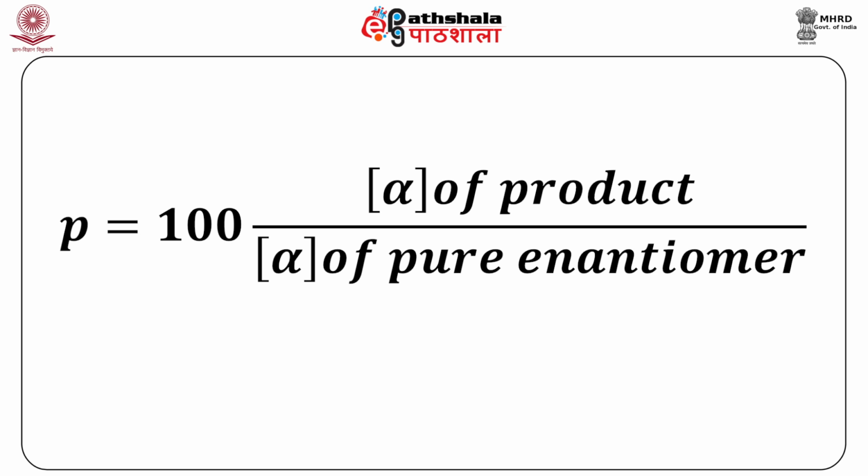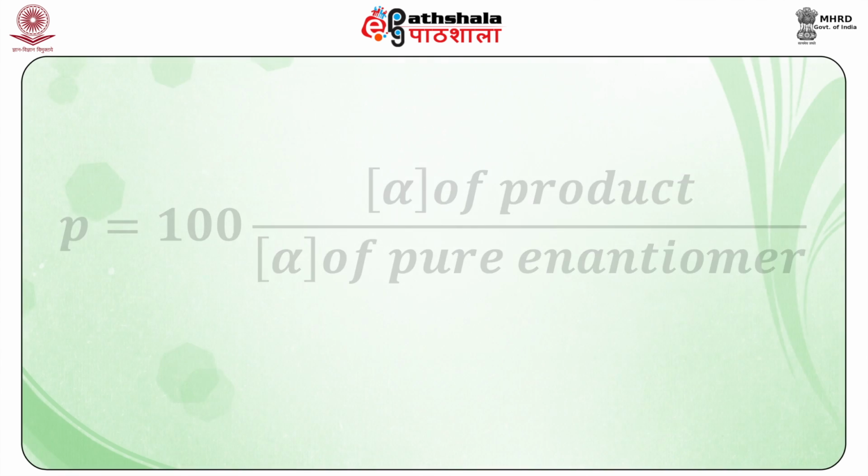Numerically, the optical purity corresponds to the excess of one enantiomer over the other in percent. It does not coincide with the fraction of an optical antipode in a mixture. The various methods of resolution and their details are discussed at length.